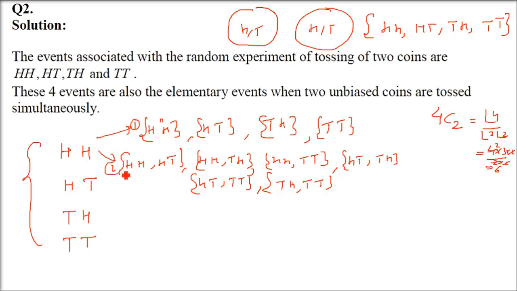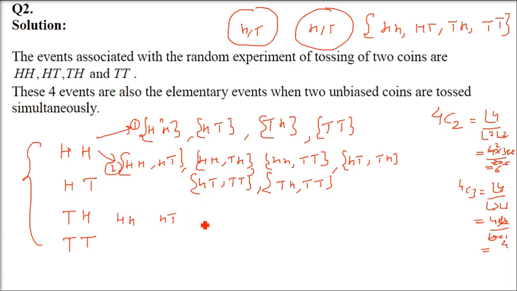1 at a time we have taken, 2 at a time now. Now I am taking 3 at a time. So 4C3, that is factorial 4 by factorial 3 times factorial 4 minus 3. So factorial 3 gets cancelled and it will be only 4 combinations. 3 at a time, so what will it be?